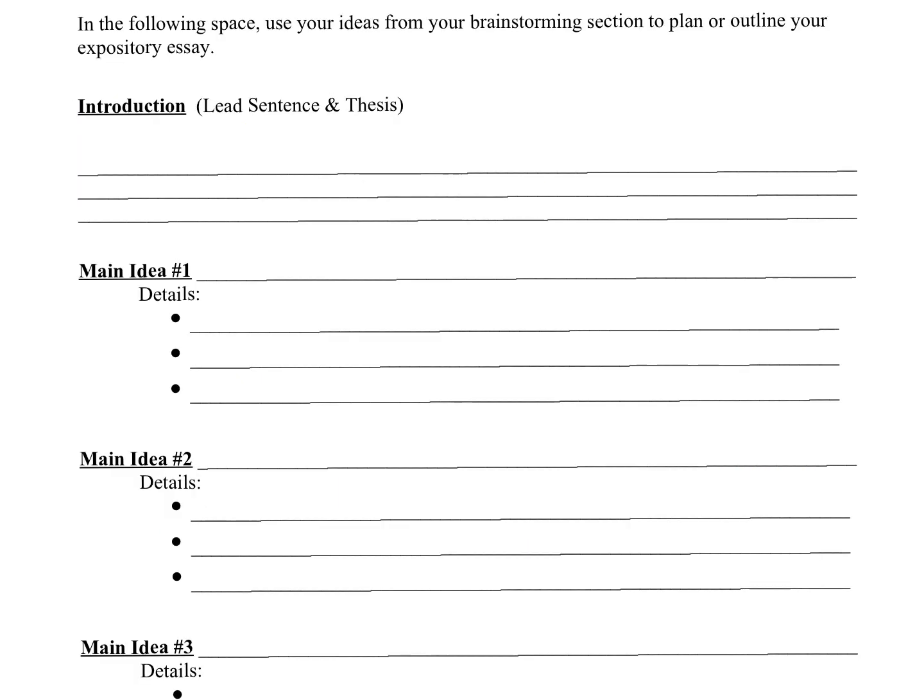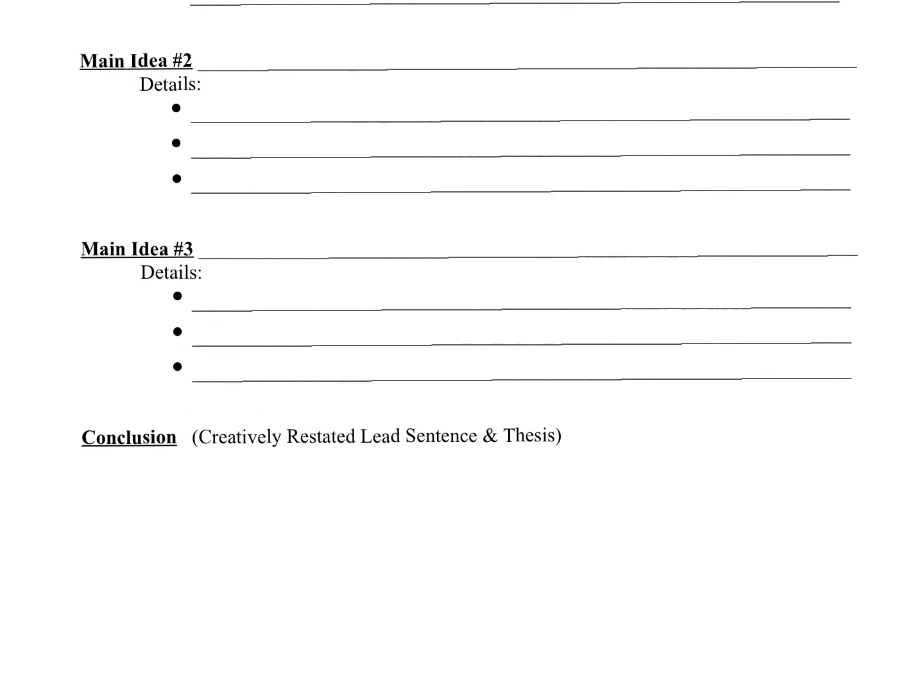So when you go to your planning page in your booklet, you will see this page, and you will go to the bottom where you have your conclusion. And this is where you will write your conclusion. And you'll see it says creatively restated lead sentence and thesis.